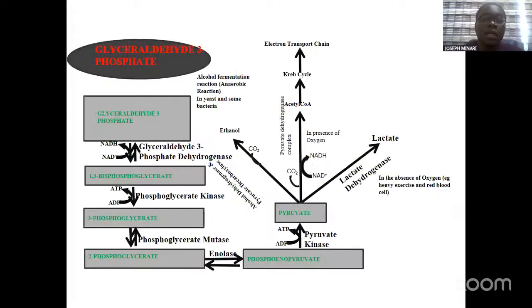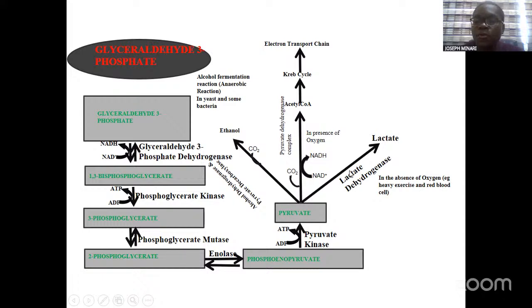Now, having said that, starting from this second part of the breakdown of glucose, glyceraldehyde 3-phosphate going down to 1,3-bisphosphoglycerate, going down to 3-phosphoglycerate, and going down to 2-phosphoglycerate, and being broken down to phosphoenol pyruvate and to pyruvate, I told us that you have different possibilities depending on the availability or the absence of oxygen.